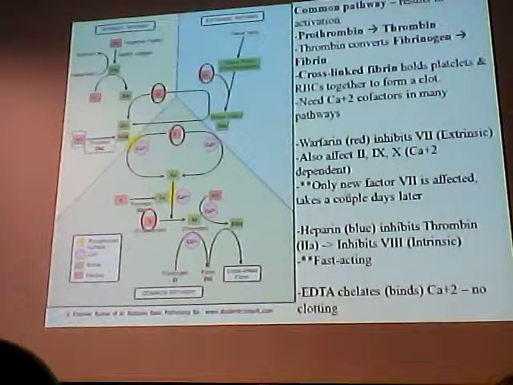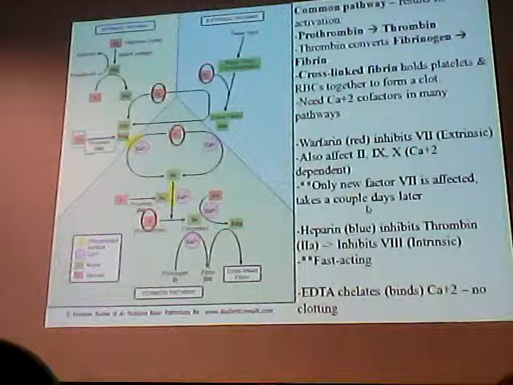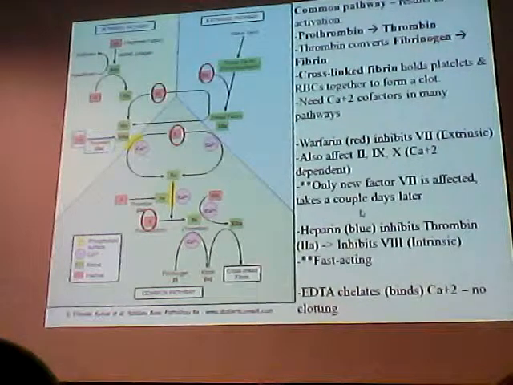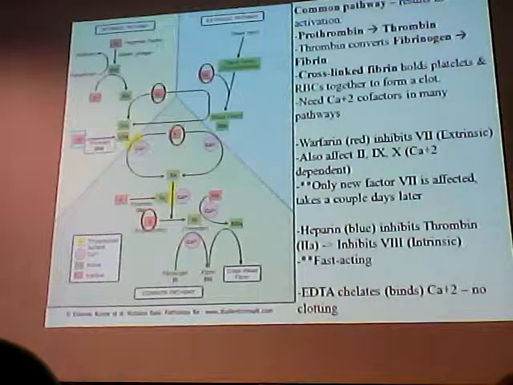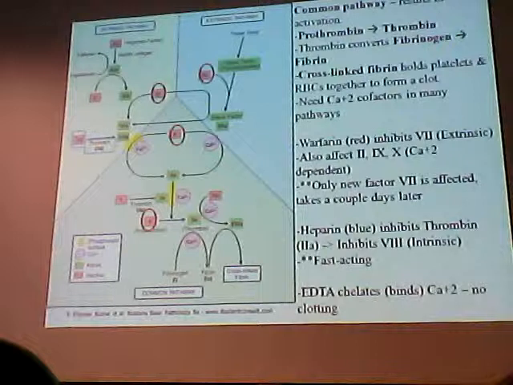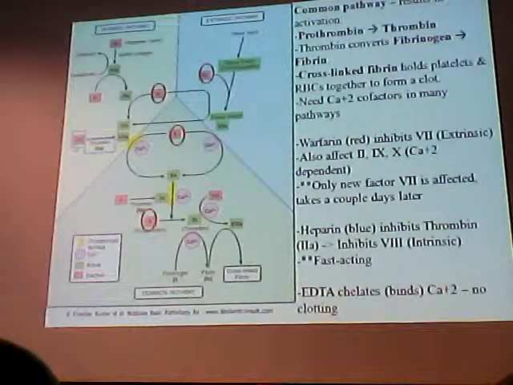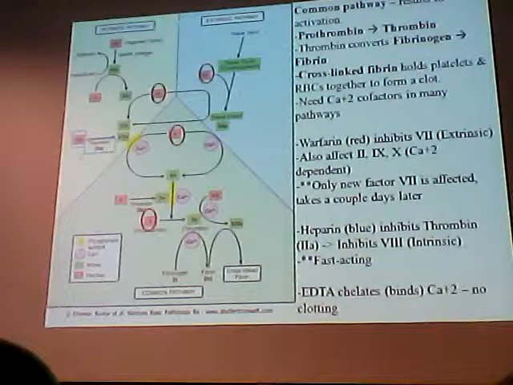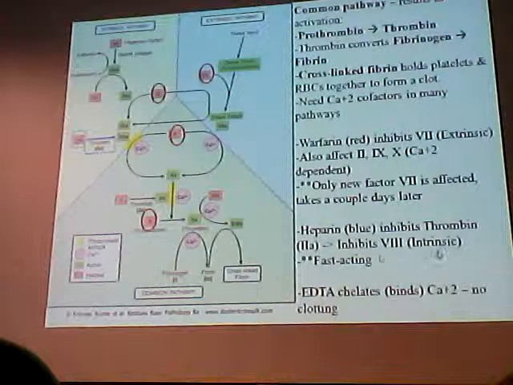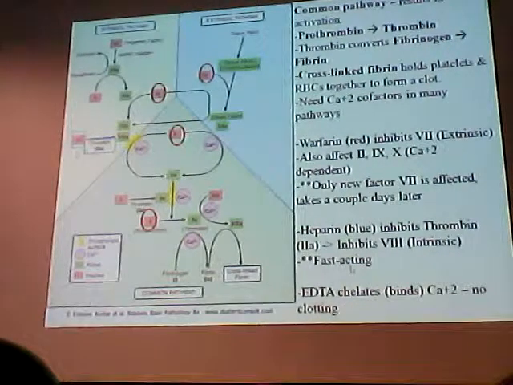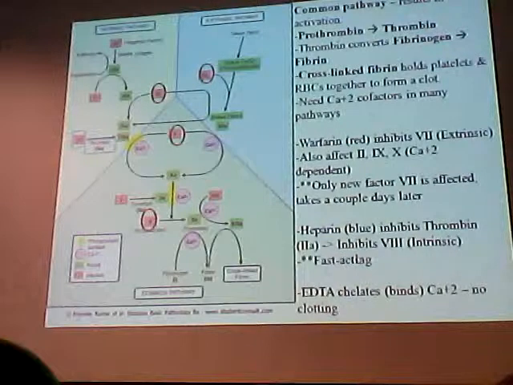It can take a little bit longer to take effect, whereas heparin is more fast acting, and it acts in what's boxed over here in blue: 2A, thrombin, and factor 8. So it inhibits this intrinsic pathway, and that's fast acting.